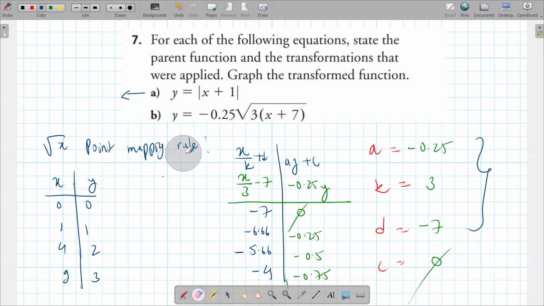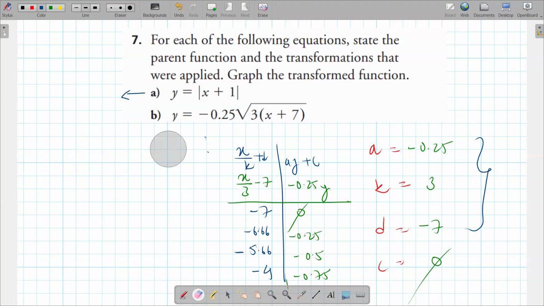And then for the final step, we're just going to plot these points. Negative 7, 0. Negative 6.66, negative 0.25, and so on. Again, you just need the general pattern, I'm not going to be precise here. It makes sense.